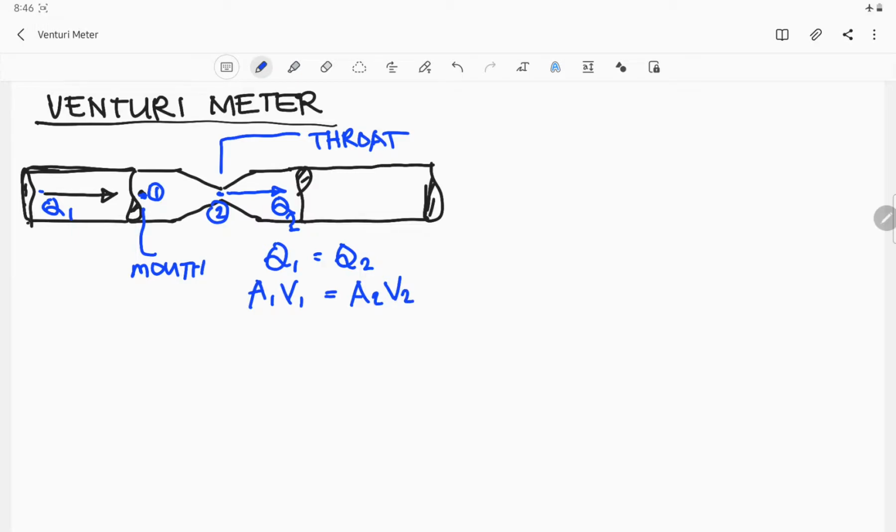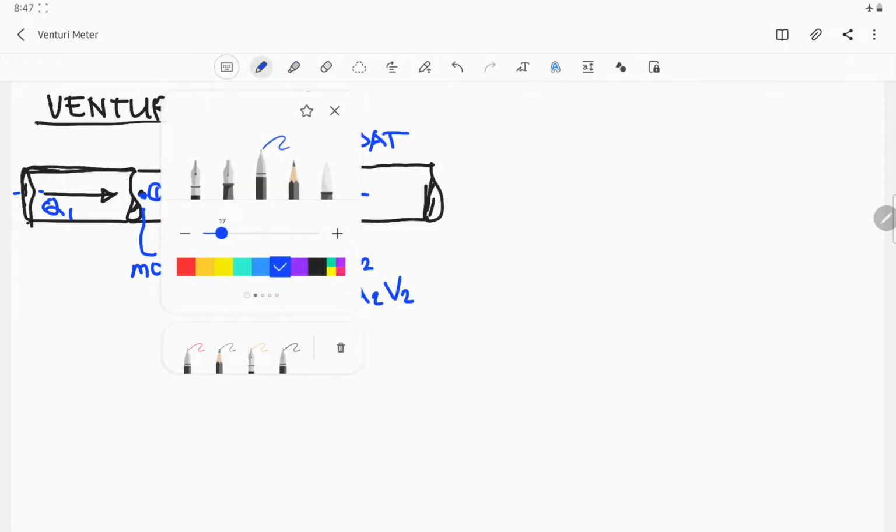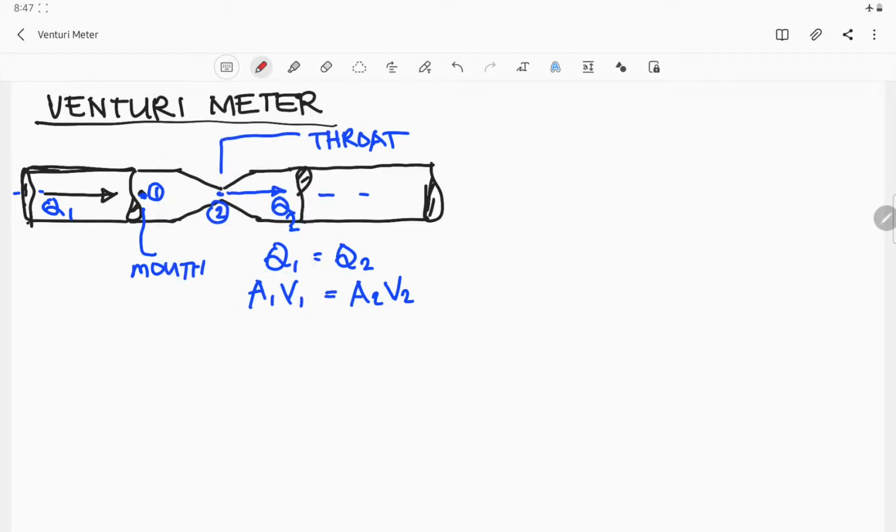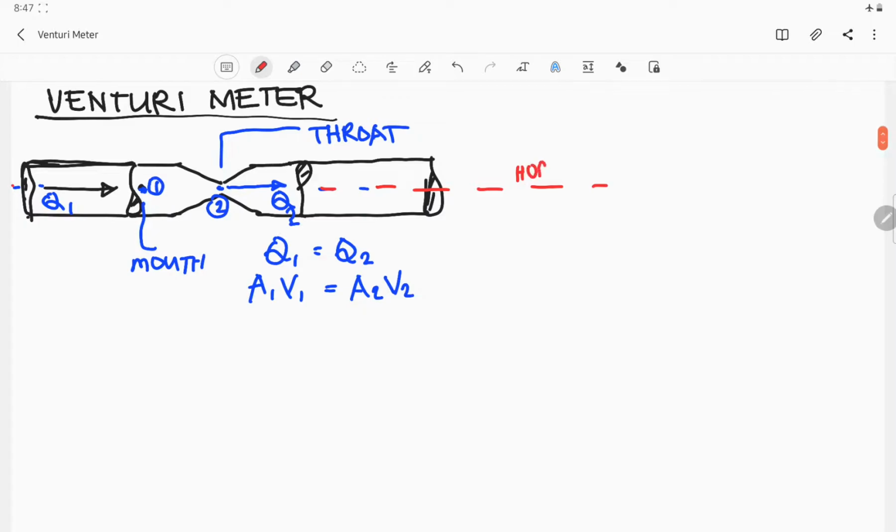Based on this discussion, we'll just assume that this pipe, or this Venturi meter, is horizontal, so that we can say that Z1, the elevation at point 1, is equal to Z2, the elevation at point 2.